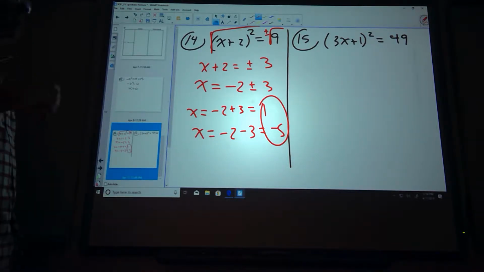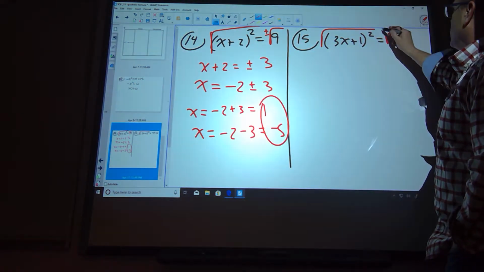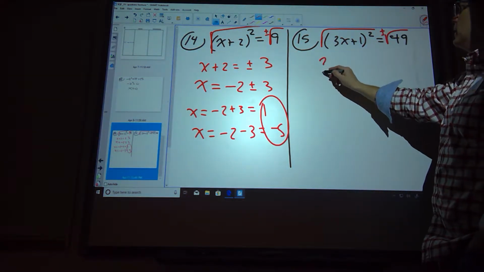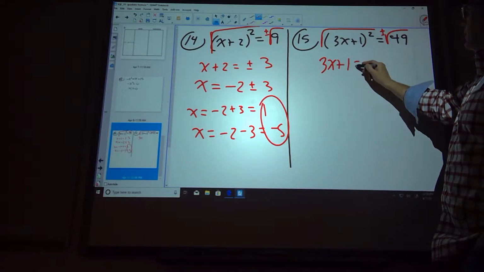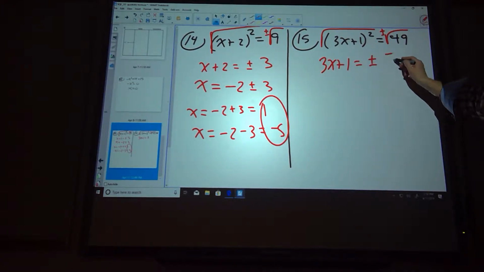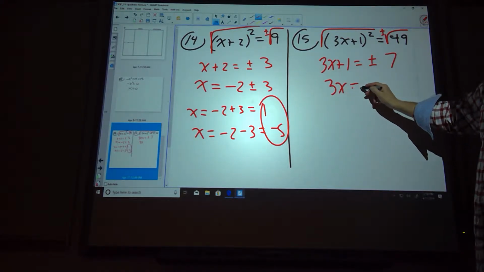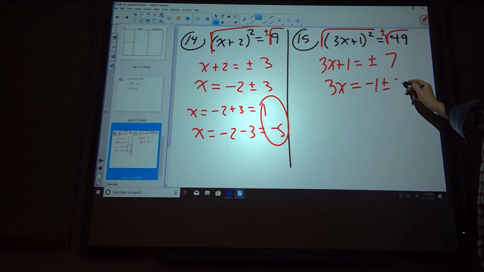15 is done the same way. I'm going to take the whole square root of a quantity to get rid of the squared part. Make sure you remember the plus or minus. Square root of 49 is? 7. Okay, so then I'm going to go 3x equals negative 1 plus 7 first. Is that okay?